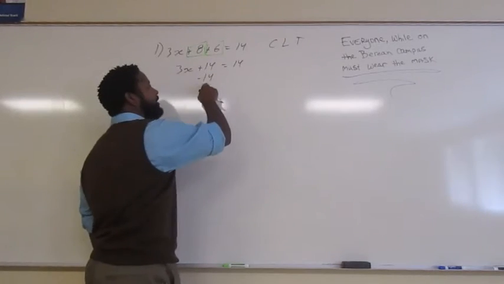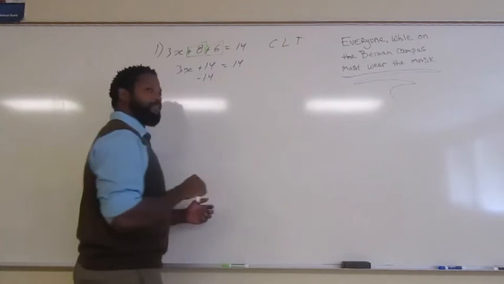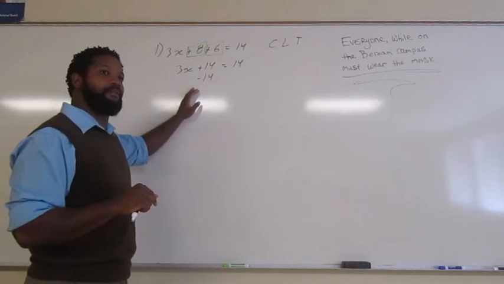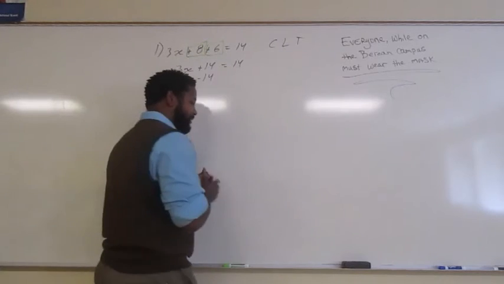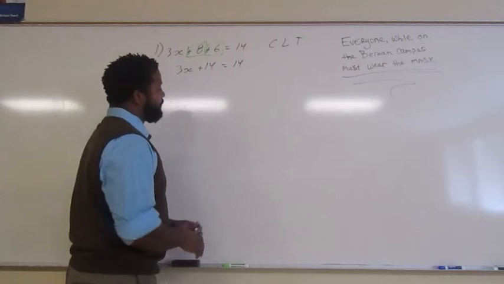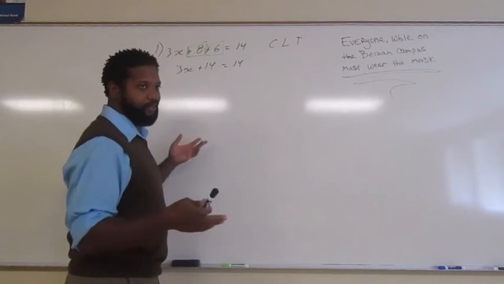Okay? So if we're subtracting this 14 right here, do you understand why we're doing this, right? Do you understand why? No. Okay, let me explain to you why. If you're looking at this, we have 3x plus 14 is equal to 14, all right?